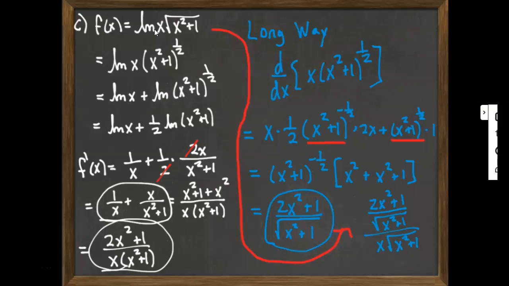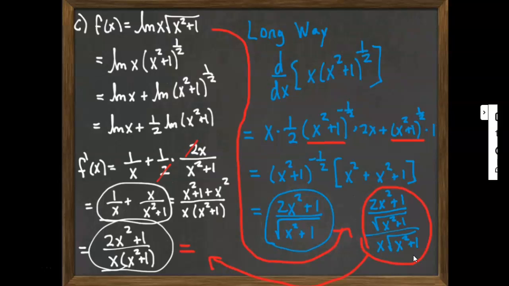And when you do that arithmetic to simplify, you will get back to that expression over here. Right? Because what will actually happen is you'll have that fraction times 1 over this stuff. So the two square roots come together to give you x squared plus 1, along with the x in the bottom. And so you can kind of judge for yourself which of those two ways was the easier one.